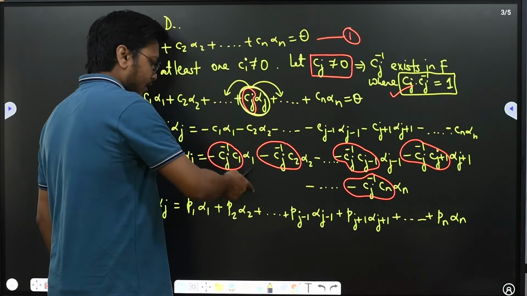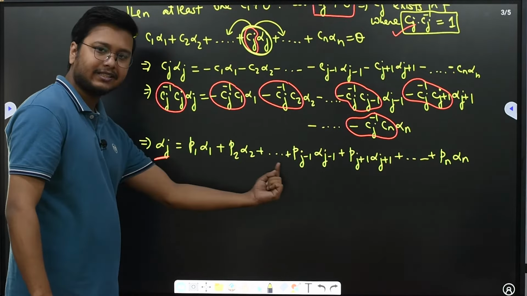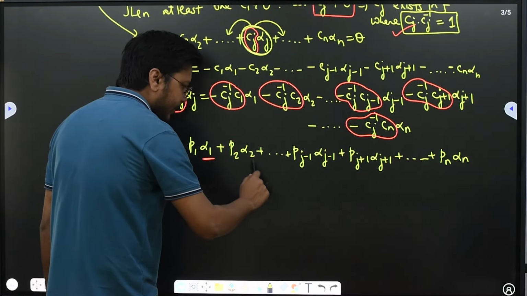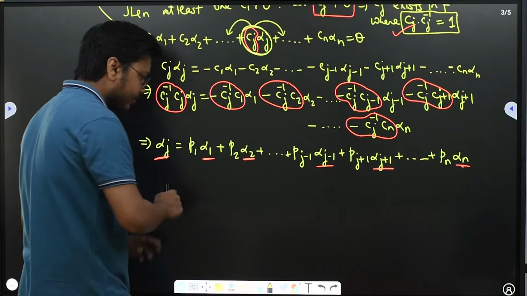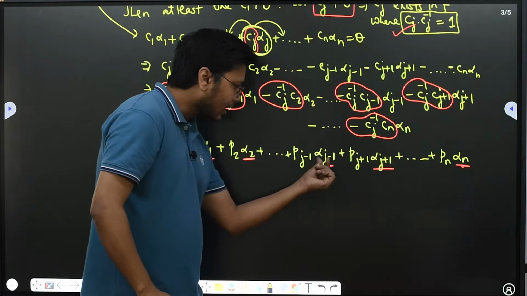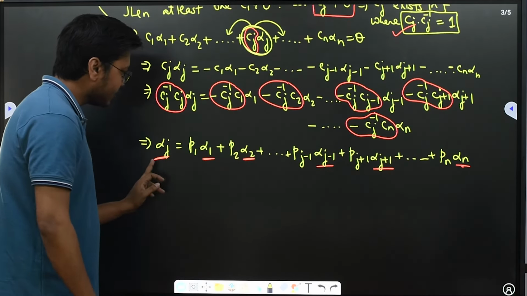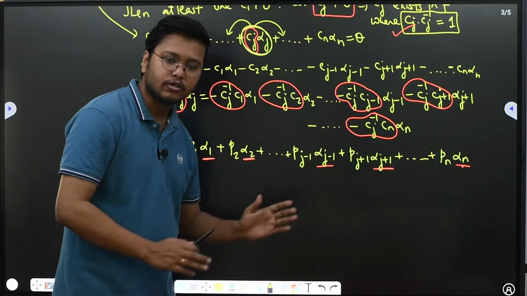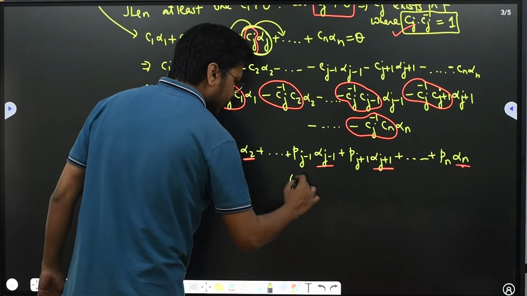So here one of the vectors, which is alpha j, has been expressed as a linear combination of the remaining other elements. Remaining others means alpha 1, alpha 2, all the elements except alpha j up till alpha n. So alpha j has been expressed as a linear combination of its remaining others. So hence it's kind of proved, right?